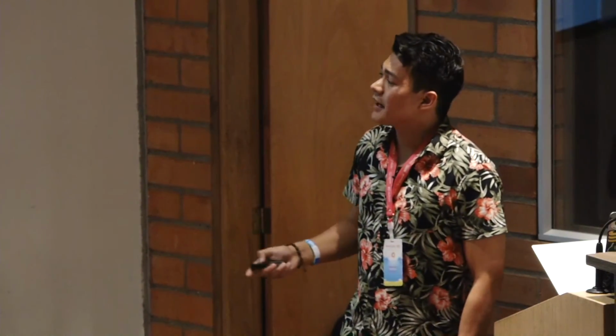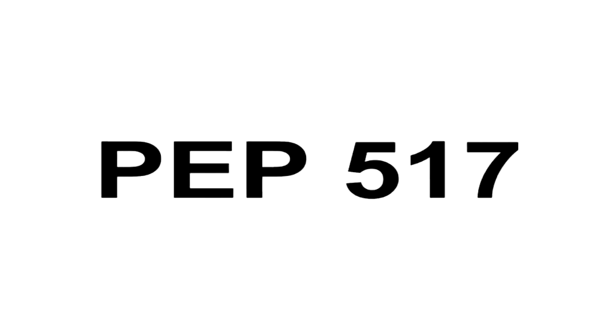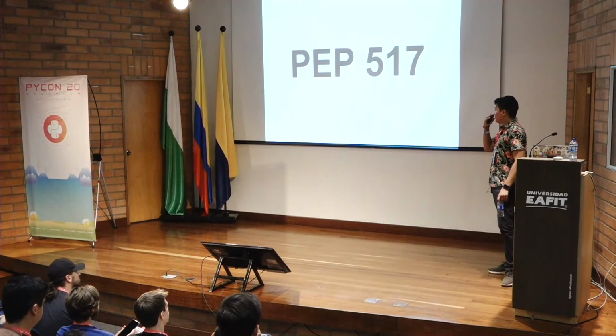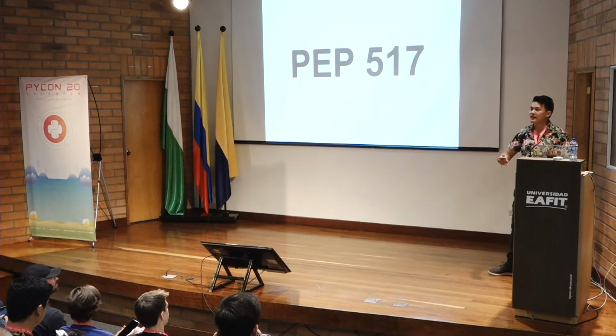So what's the future in Python packaging? PEP 517, which provides a way to specify how to execute the build tool, just in case you need to build a binary distribution for different operating systems.